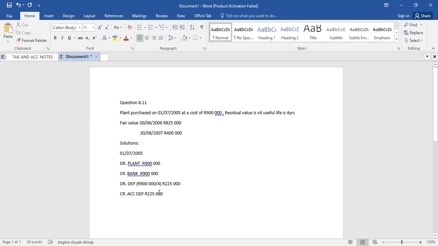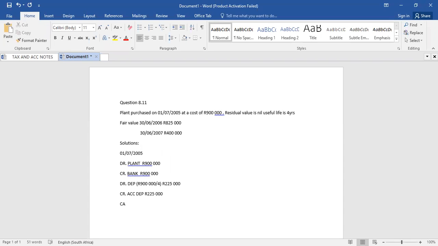Then remember that the steps are 4. You first set off the accumulated depreciation before revaluation. In this case, because we bought this asset this year, we have no accumulated depreciation to set off before revaluing the asset. So now we want to revalue the asset.